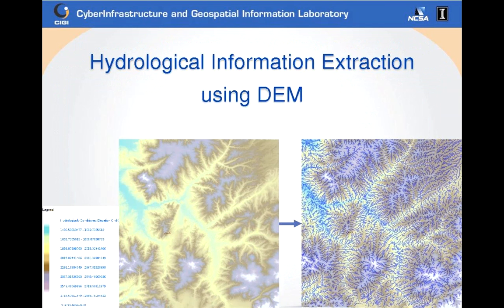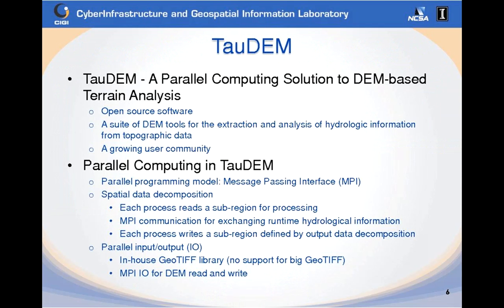This analysis, though, is both data and computing intensive. Data-wise, as survey technologies advance, government is producing finer and finer resolution DEM images. For example, USGS is producing 1 meter resolution DEMs, which for the whole US coverage will be 4 to 5 petabytes of data.